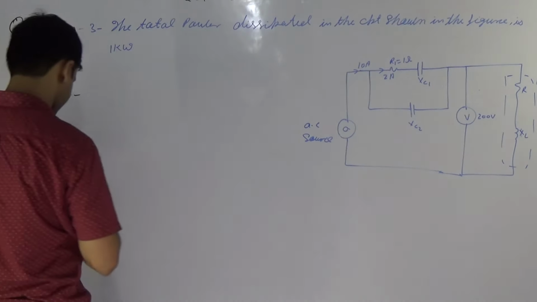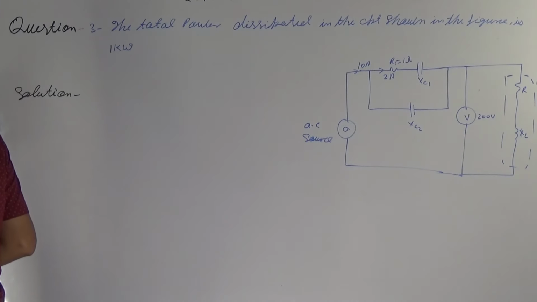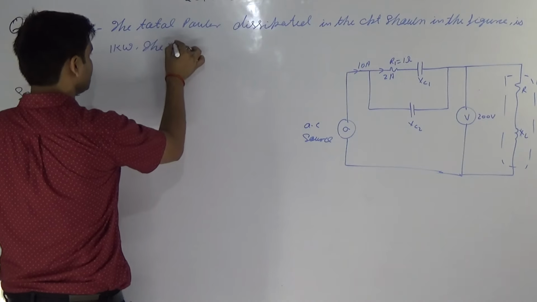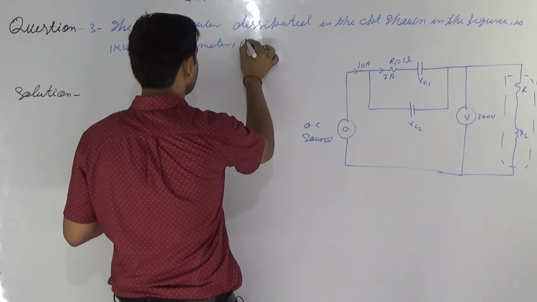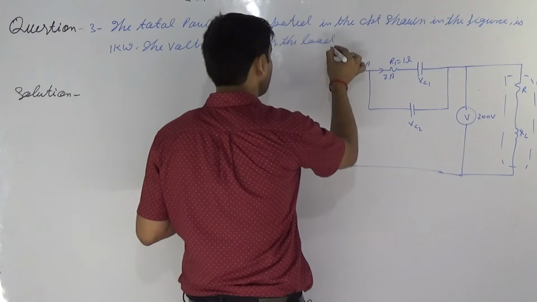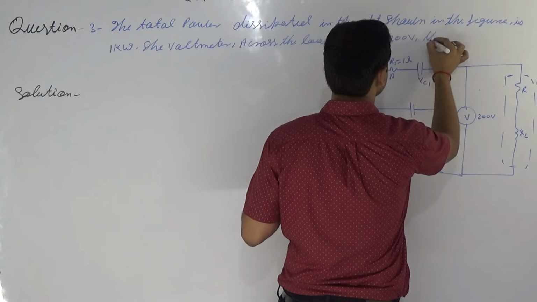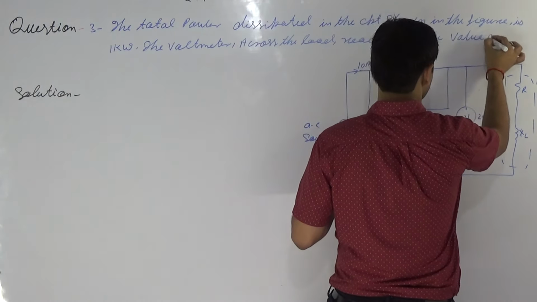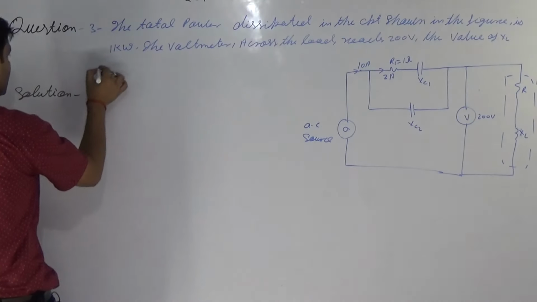The voltmeter across the load reads 200 volt. The value of XL is?